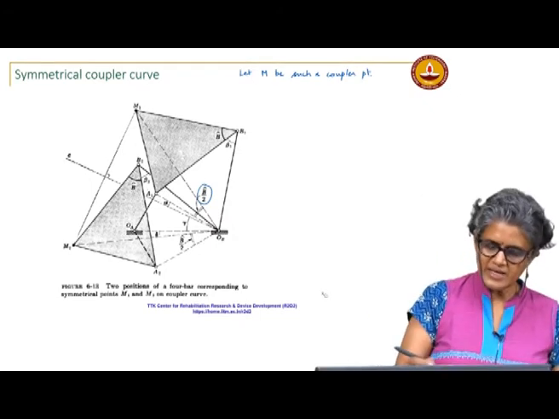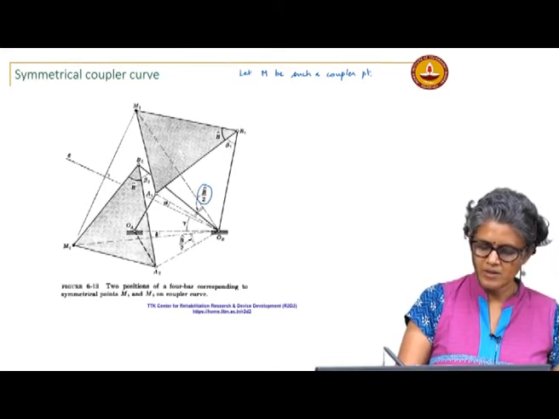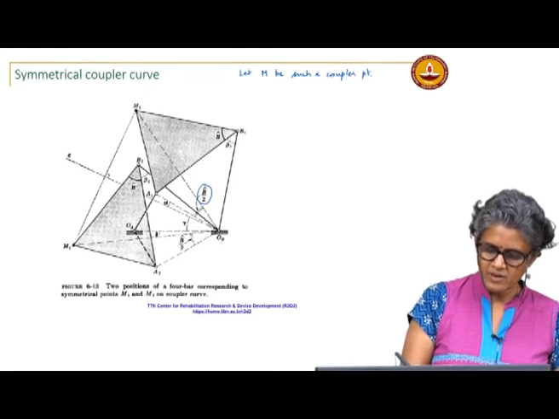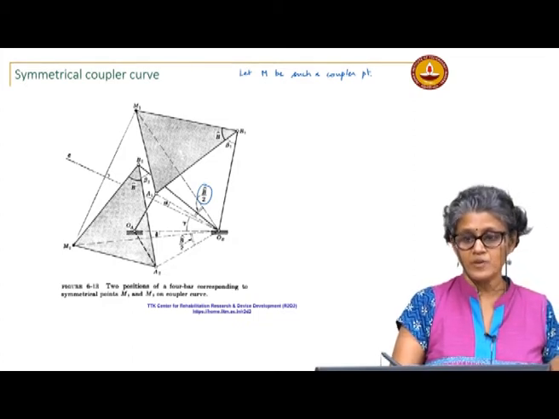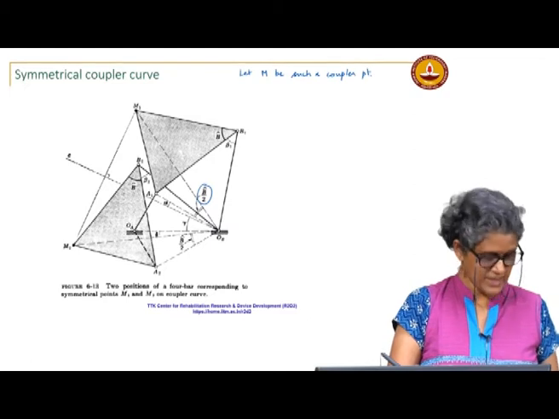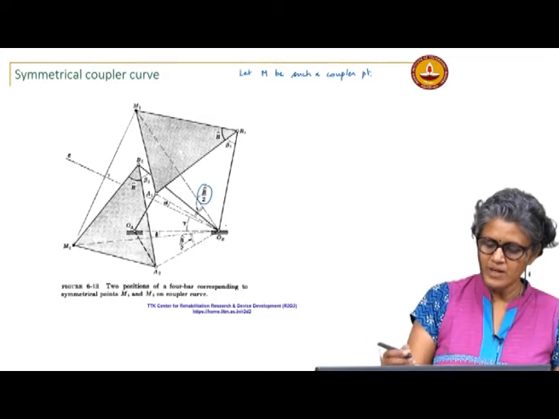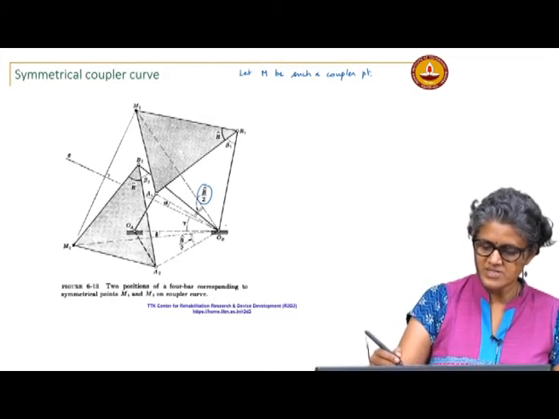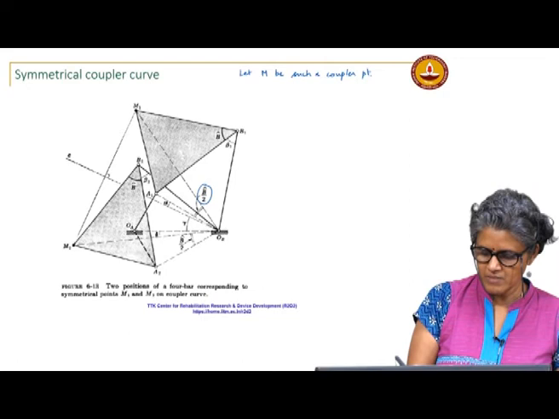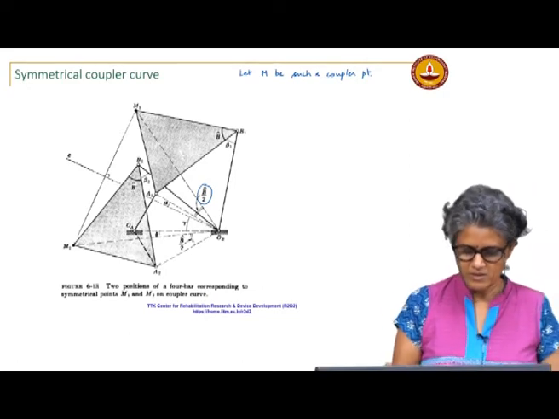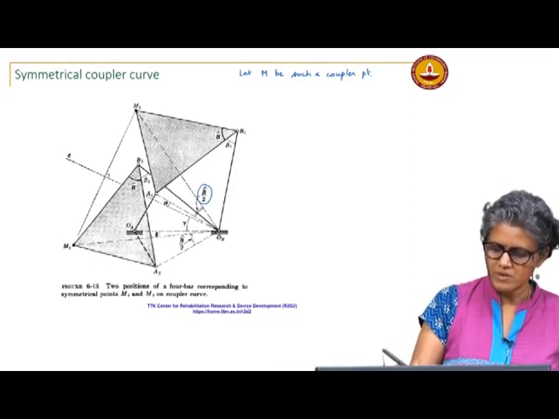Okay. I have the linkage in these two positions, O_A A1 B1 O_B and O_A A2 B2 O_B. Okay. These are the two positions of the linkage. Now, I want to show that O_B A1 equals O_B A2, and O_B M1 equals O_B M2. Okay.